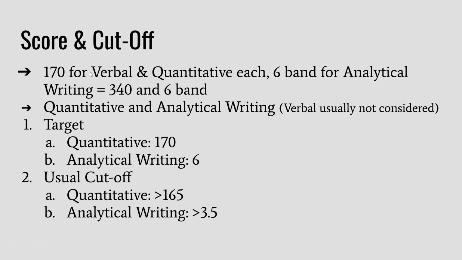As I said earlier, the verbal and quantitative sections have marks. Each of those sections has 170 marks, and you are already granted 130 marks in each. So from 130 to 170, that is 40 marks which you need to bring.